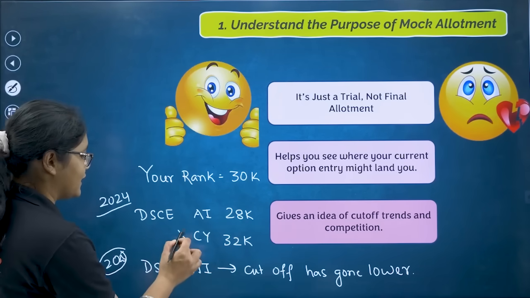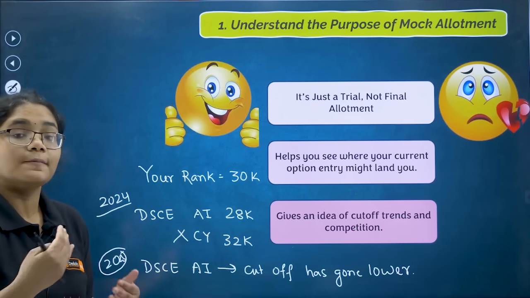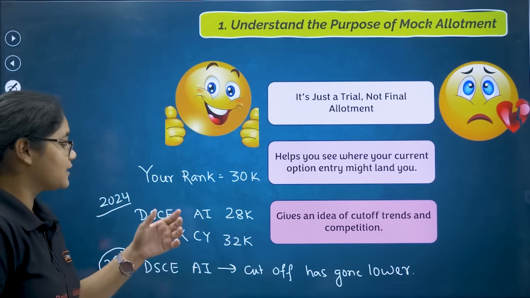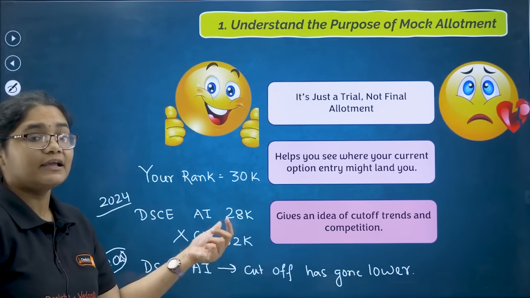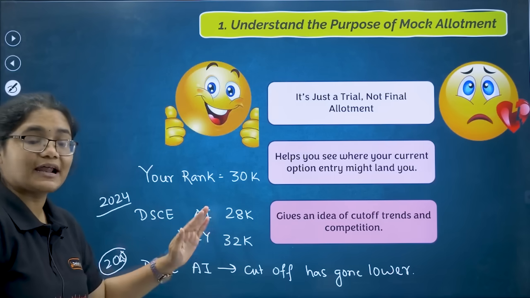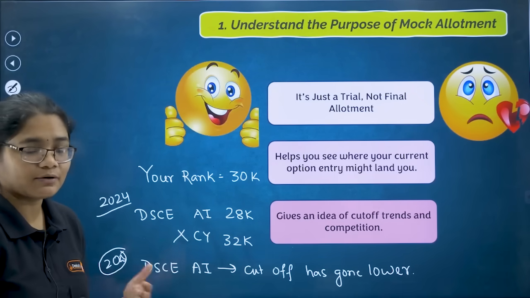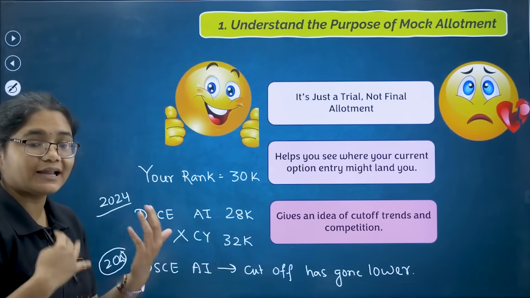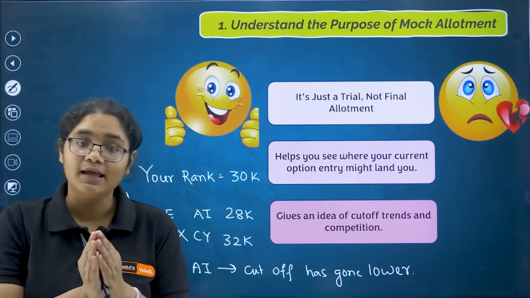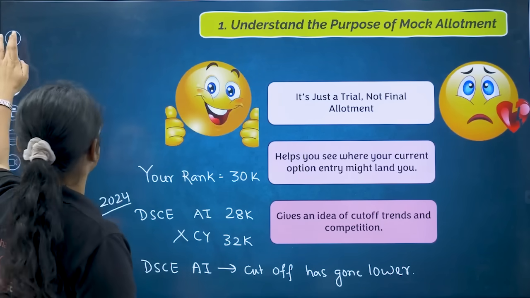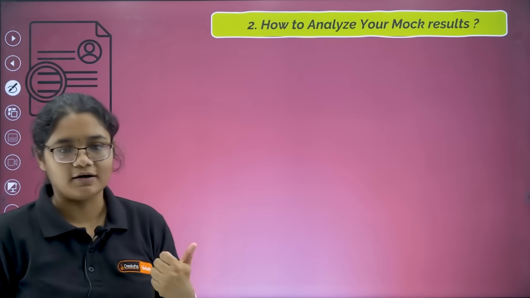If you are not getting this one at 32K also, that means the cutoff this year has actually increased. The cyber security cutoff this year is not 32K, it has rather become 27K, 26K, whatever. The cutoff has gone high. So like this you can analyze the trend of cutoff in 2025. That is the basic purpose of mock allotment.